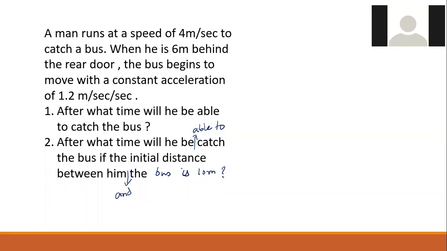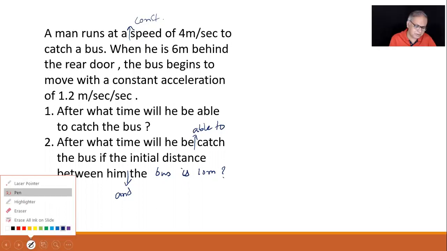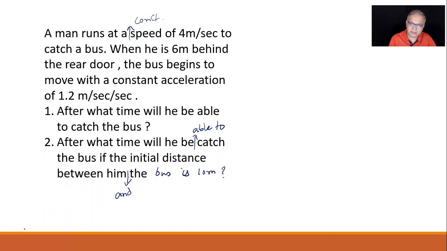For the man. He runs at a constant speed. So there are two things, the bus and the person. A very practical example, don't you think? Don't tell me equations like V square minus U square equals 2AS. This is a bus.